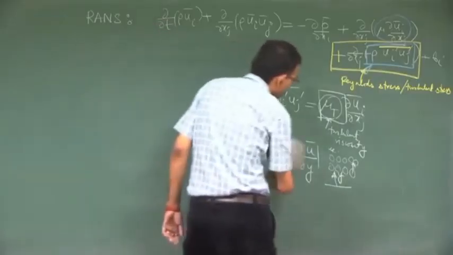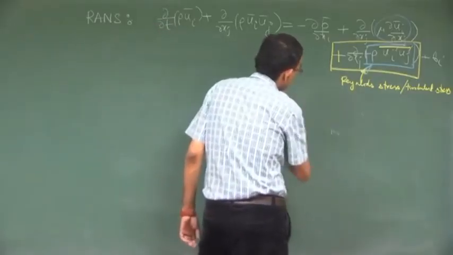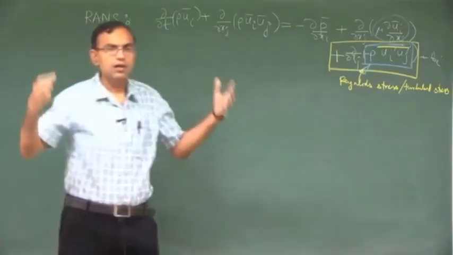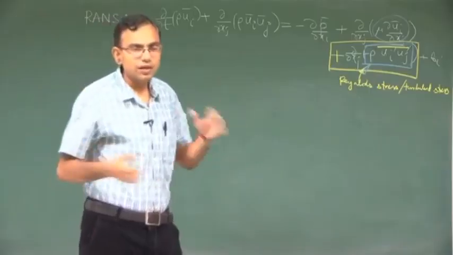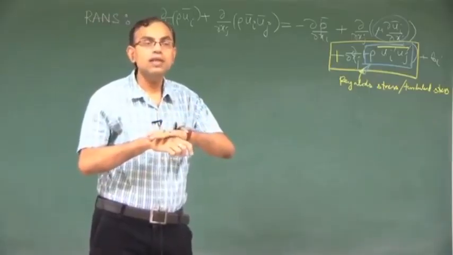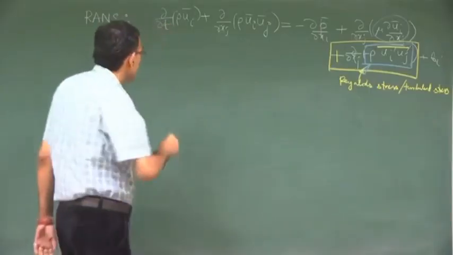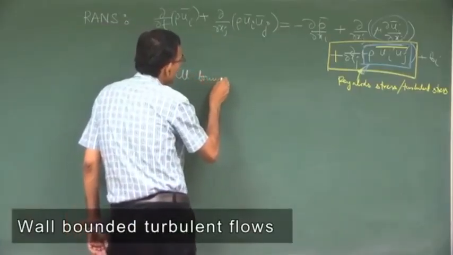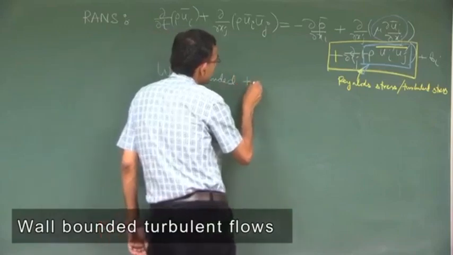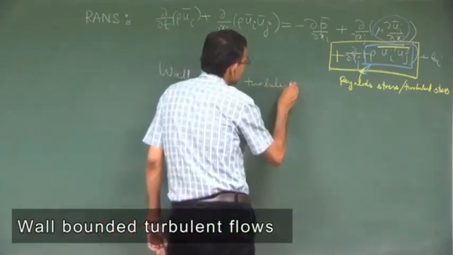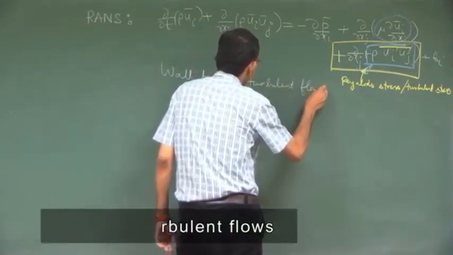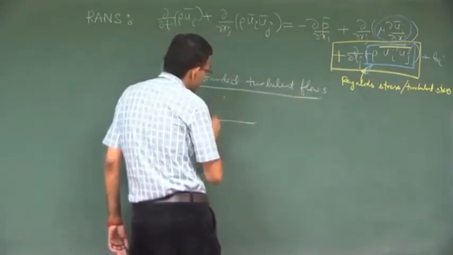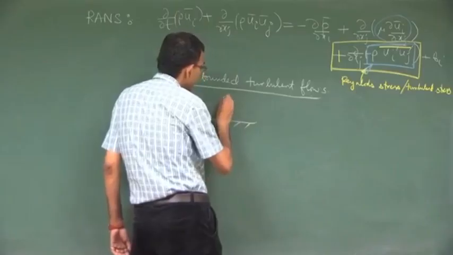Now, so far so good, but there is one very important issue: no matter whether the flow is laminar or turbulent, very close to the wall it is always laminar. So, wall bounded turbulent flows are very important, and we will discuss briefly about that. So, let us say that you have this as the wall and this as your y direction.